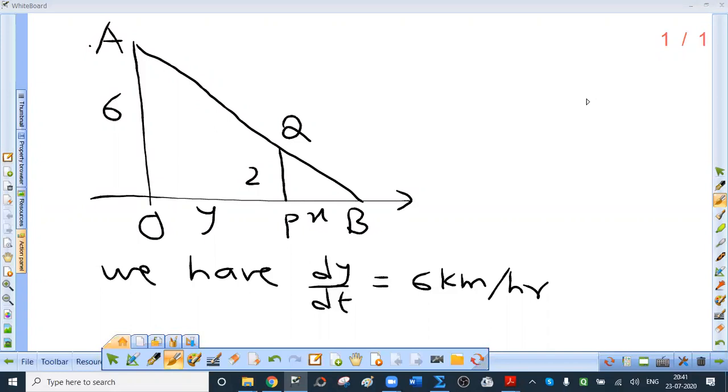Okay, if you have finished drawing this, what is given? dy/dt is 6 kilometer per hour. And what is asked?